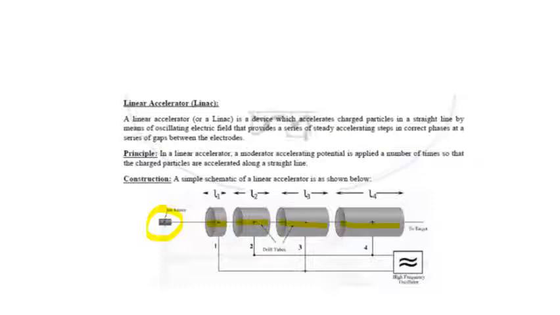Suppose your ion is plus, then this is minus. It will attract toward this. Then it will pass through this. Again, this will be minus. Then it will pass through this, and it will accelerate in this way. Finally, it moves to the target here. In a linear accelerator, the accelerating potential is applied a number of times so that the charged particles are accelerated along a straight line.